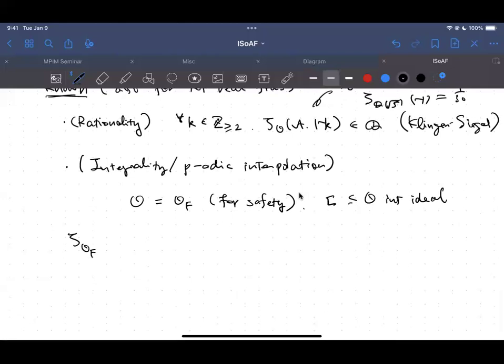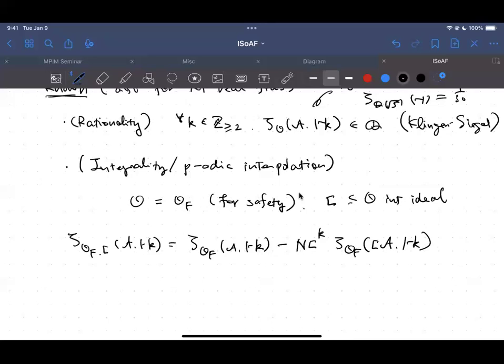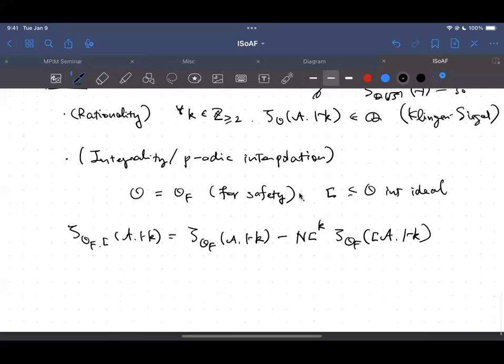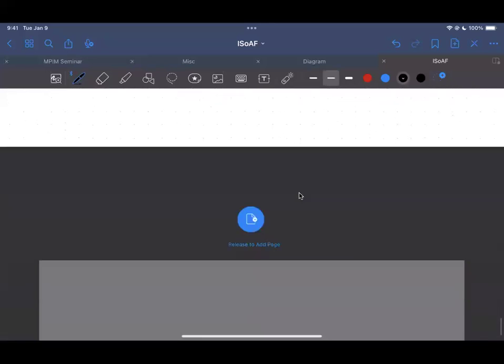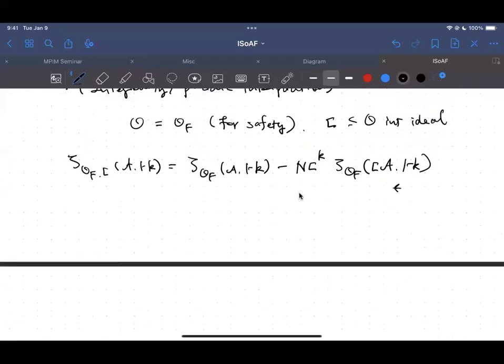Consider the so-called C-smooth partial zeta function, which is a modification of the original partial zeta function, defined to be the original one minus the norm of C to the k times the shift of the original partial zeta function. It is known that this modified partial zeta value is an integer outside the primes over C.